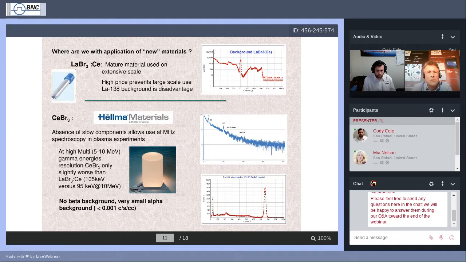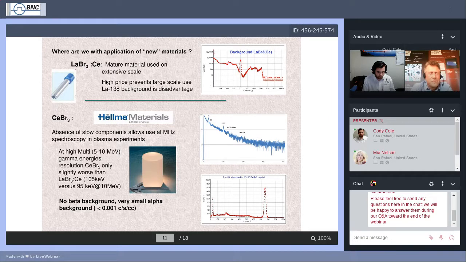And because it has no slow component, you can do really high count rate spectroscopy, for example, in plasma physics experiments. The interesting thing is that it doesn't contain any lanthanum, which is pure cerium bromide. So we see a very nice background without any beta emissions, almost no gamma lines, and we have been able to reduce the actinium background to a very low level of less than 0.01 counts per second per cc.